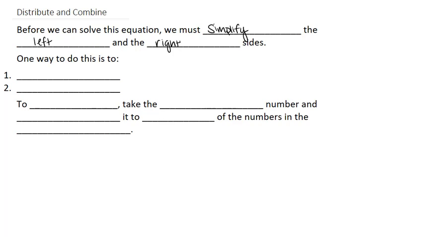One way to do this is we can distribute, and then we're going to combine the like terms.